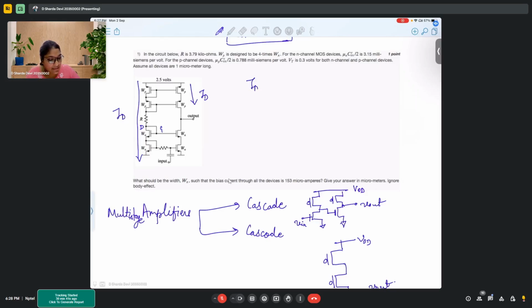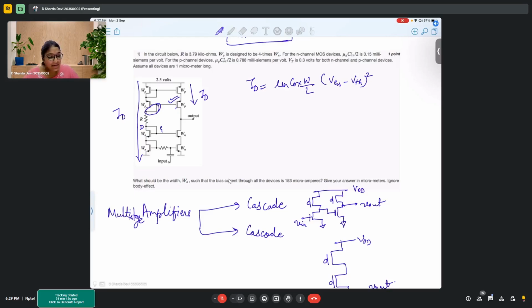So we know that ID is mu N Cox W by L times VGS minus VTH whole square, right? In all these transistors, when gates are connected and there is this mirror configuration, with shorting between gate and drain, the other transistor has already moved into saturation because of this configuration.